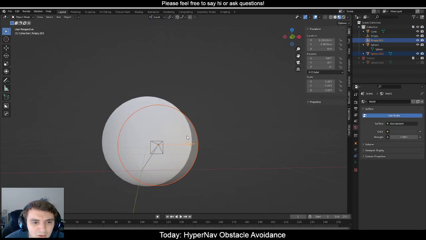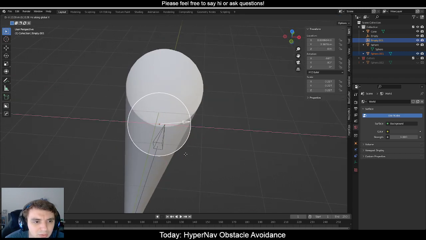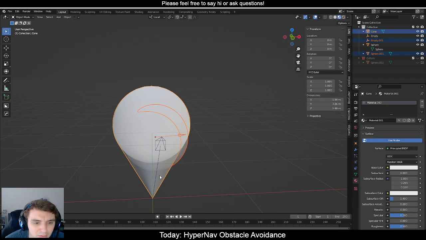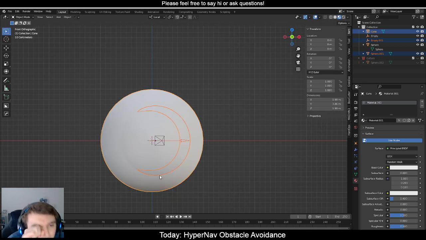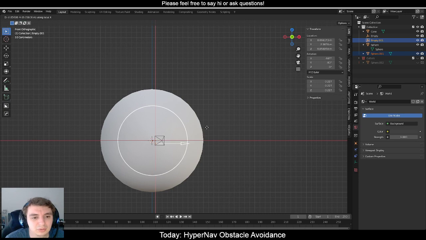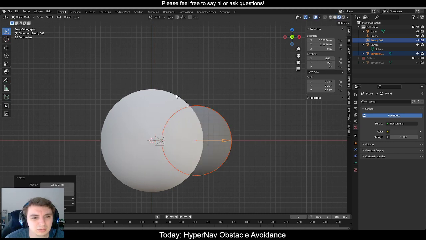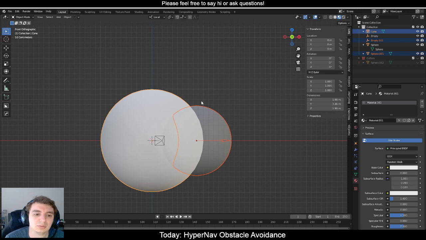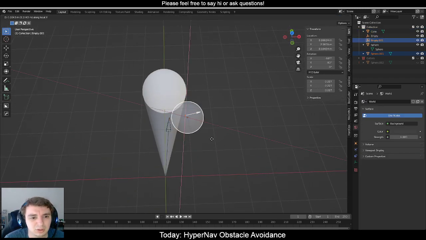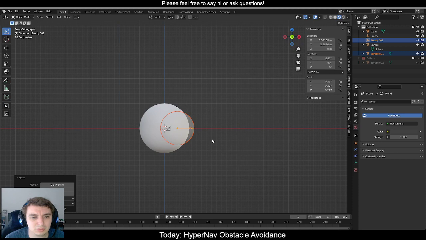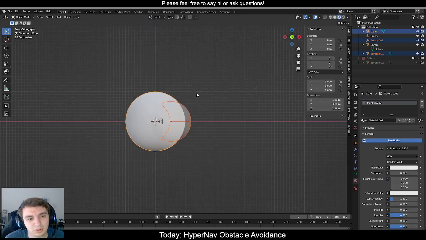Currently, it looks like that. If it moved more towards the center, it would look like that. Ugh. And if it moved further away from the center, it looks like that.